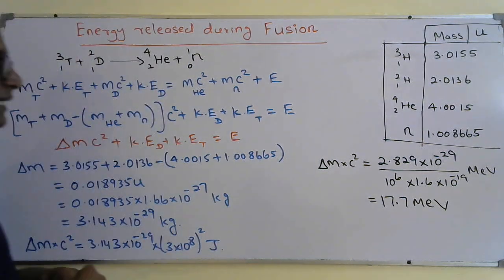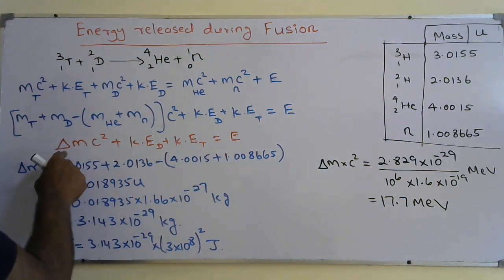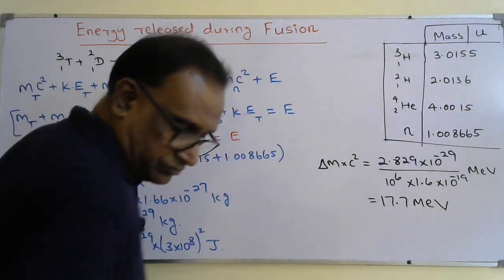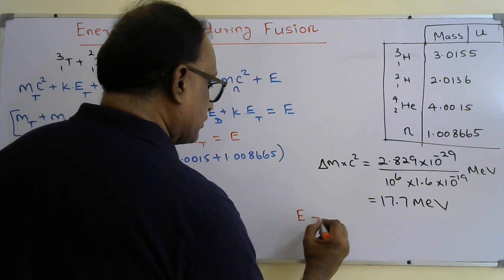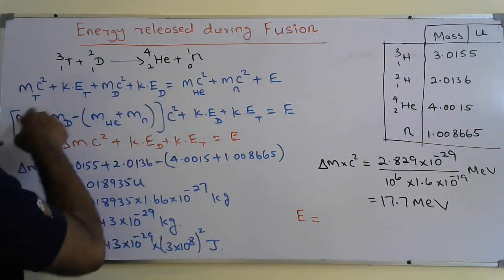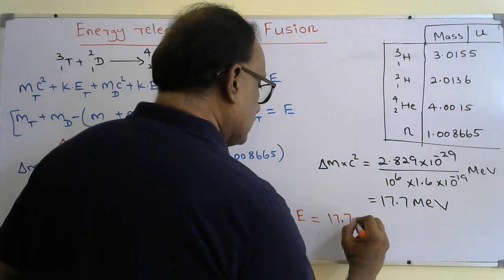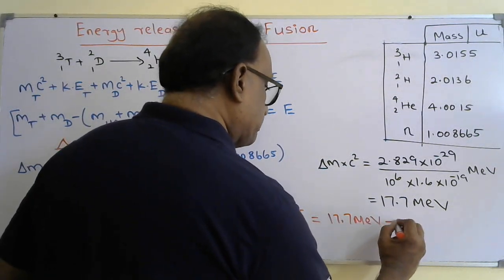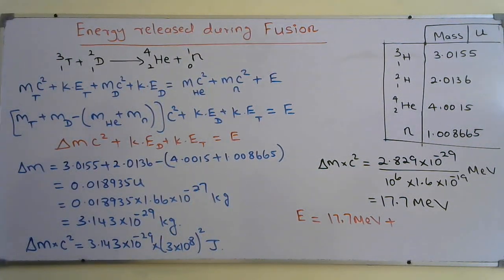Now think about the total energy release E. It is equal to the energy release due to mass deficit, which comes in this bracket, 17.7 mega electron volt, plus the total kinetic energy of deuterium and tritium.